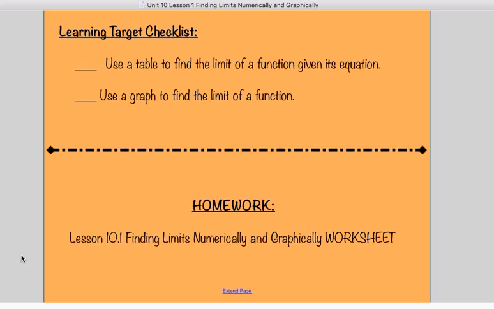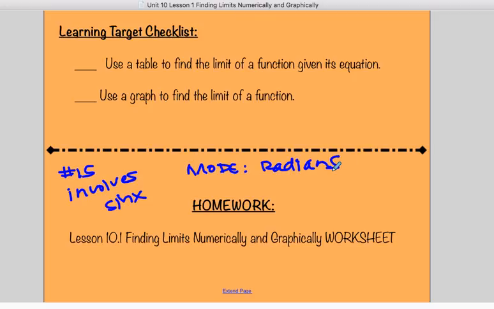So make sure your calculator's in radians. So mode, it's got to be in radians. Make sure you do that. But otherwise, you should be pretty good on that.